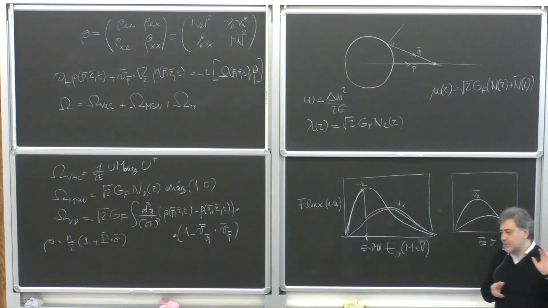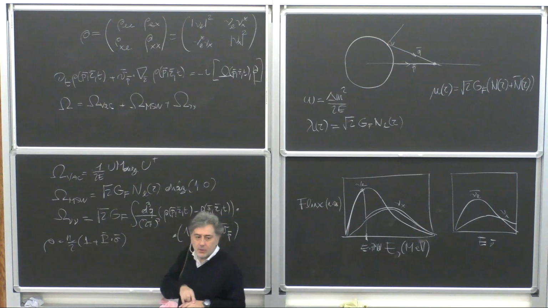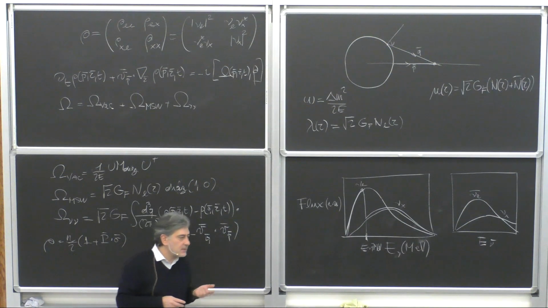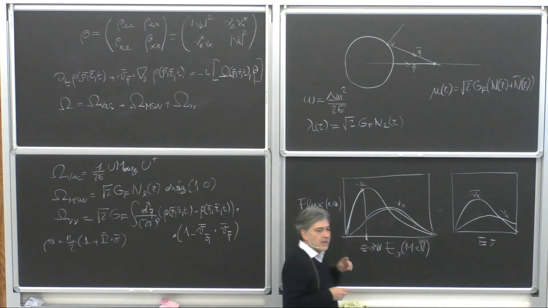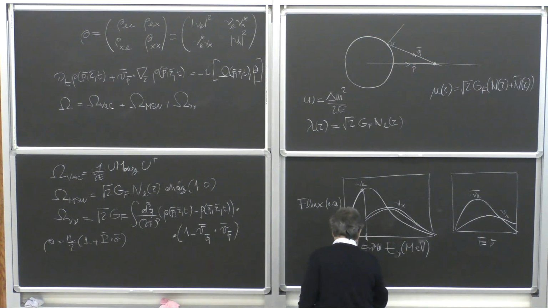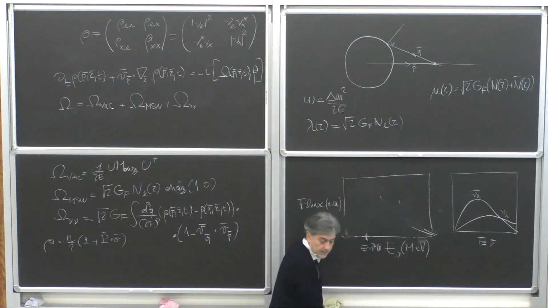So it is no more a question of only the inverted ordering, but also in normal ordering you can have splits and swaps. And things get more complicated. You can have two splits. For instance, you can have something like this for the nu E.